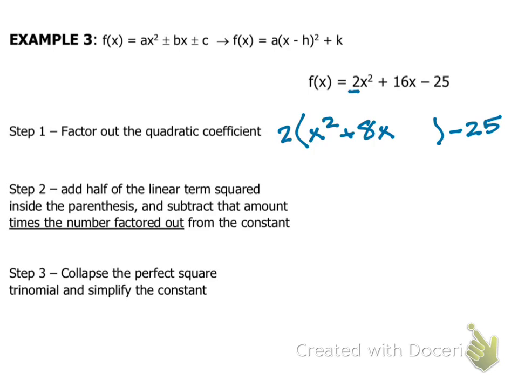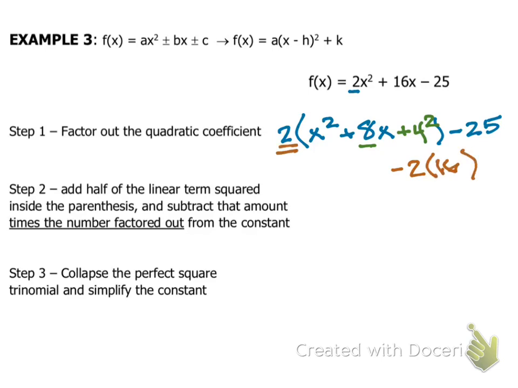Next, we add half of the linear term squared inside the parentheses. So this is plus 4 squared. But when I do the subtraction on the outside, it has to be minus the 2 times the 4 squared, right?